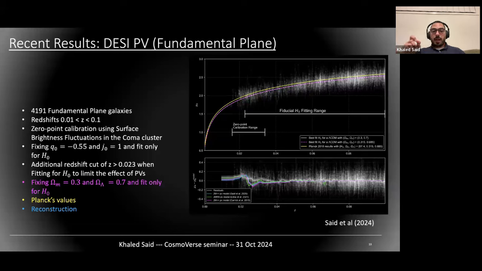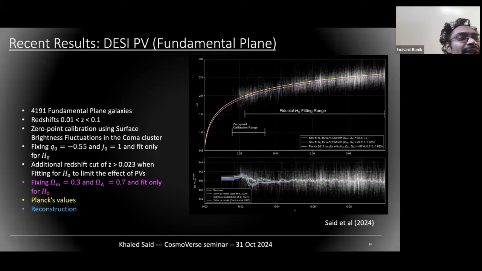But if we add a very small prior, using the value for Q naught and J naught, we got the same results. That's not surprising if you put a tight prior. Of course, it is the same thing as fixing it.